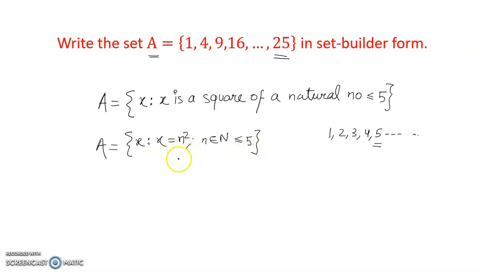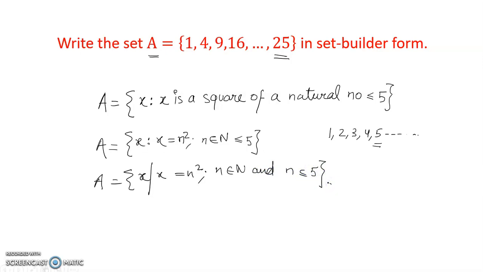So mathematically, you can express it in multiple ways, and a more refined way is something like this: x such that x is equal to n squared such that n belongs to N and n is less than or equal to 5.